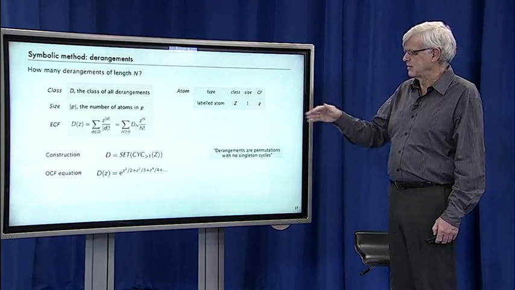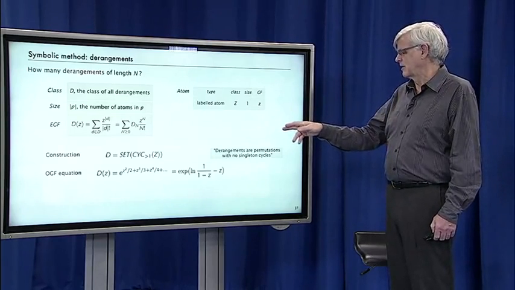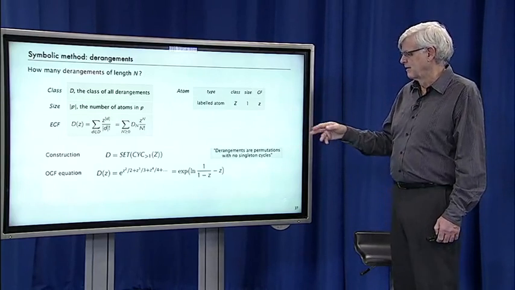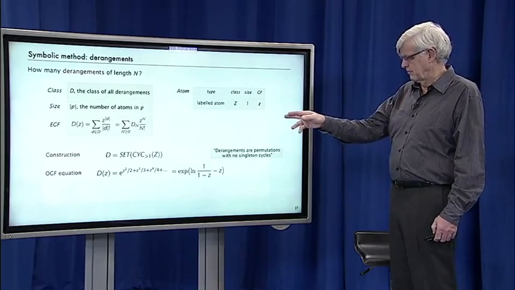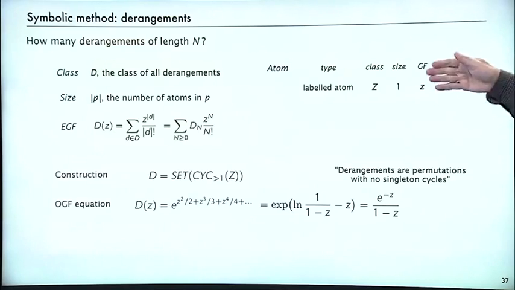So that immediate translation is the same as log of 1 over 1 minus z, minus z. That infinite series is exactly that. And if we simplify, we get e to the minus z over 1 minus z. Immediate translation to the generating function.